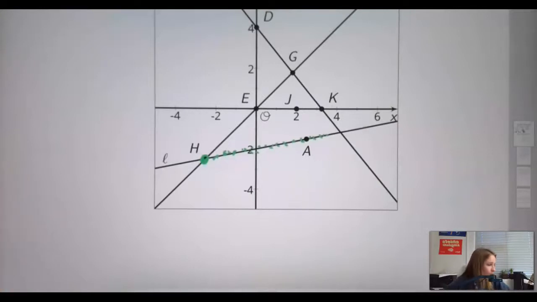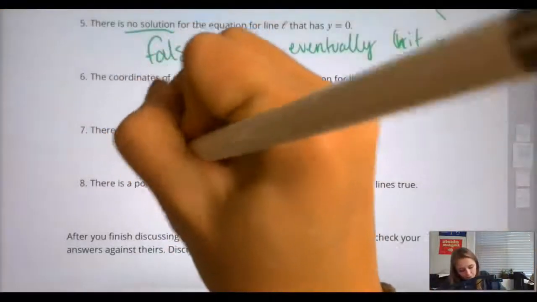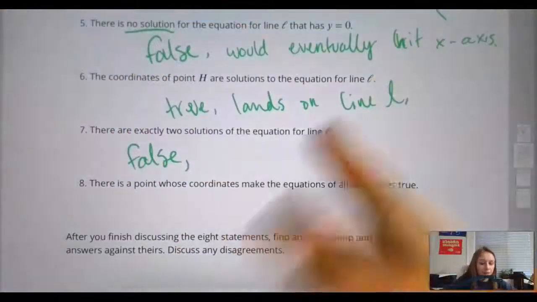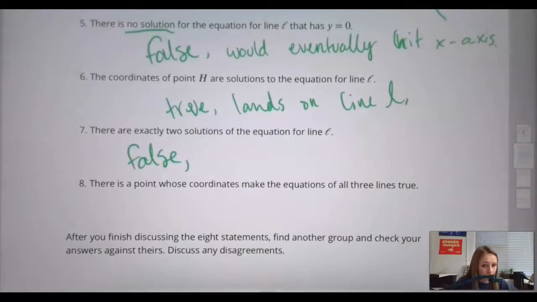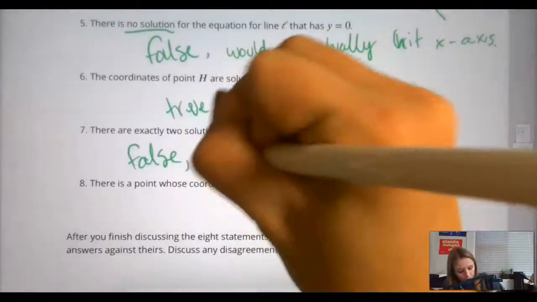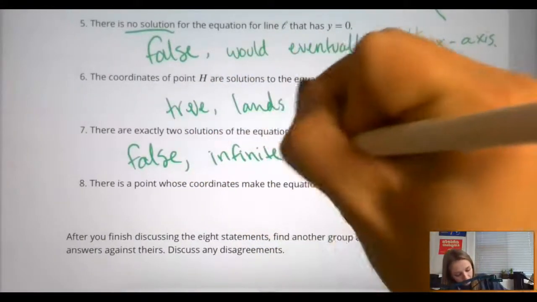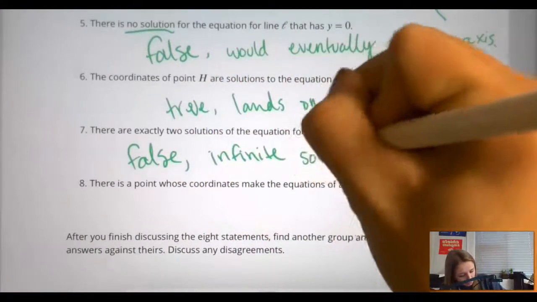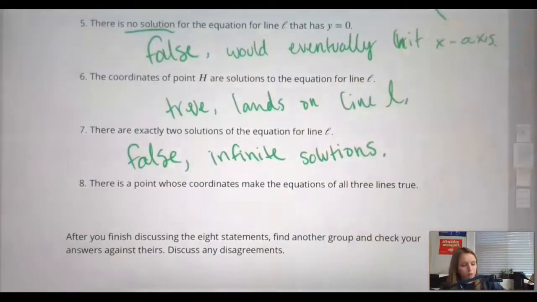So that means that this statement is false, okay? Because we could have an infinite amount of points on that line, and each point is a solution. So, infinite. So, because we could have infinite solutions there, okay?